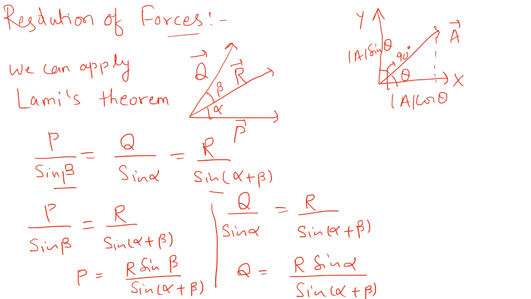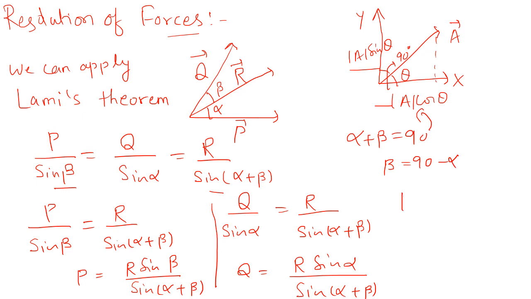Now if you want to check the validity of this relation, you can assume that alpha plus beta is 90 degrees, and it should follow the same pattern. If you put alpha plus beta equal to 90 degrees in the P and Q equations, then beta is 90 minus alpha.